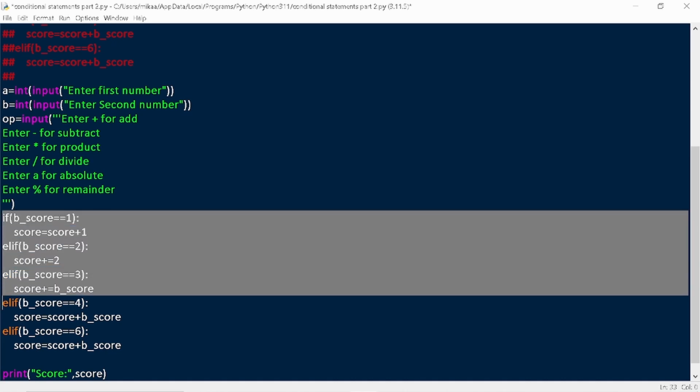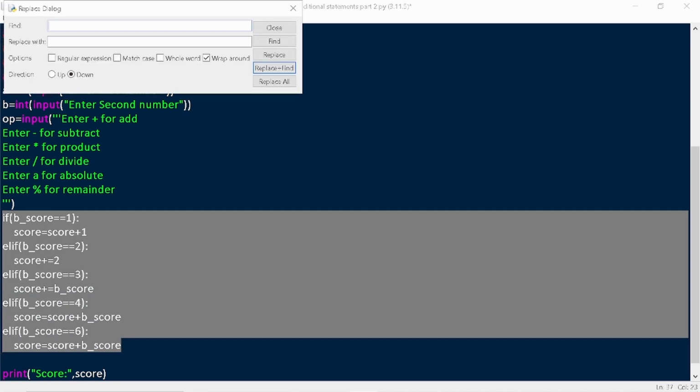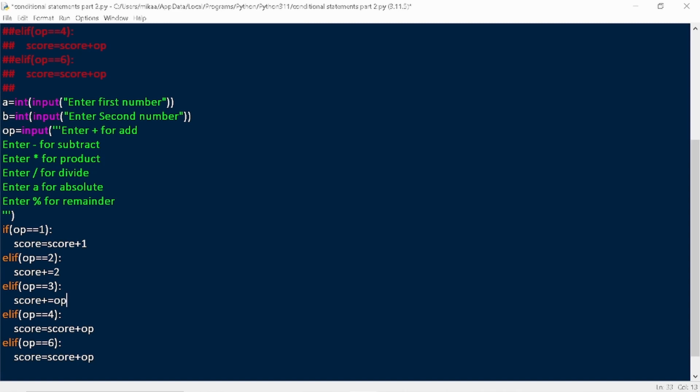Basically, I have to do Control H over here. I have to find b_score and replace it with o. If I do replace all, you can see that every b_score is changed to o, meaning operator.